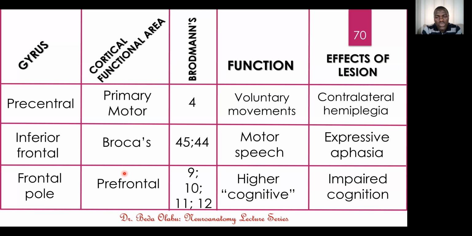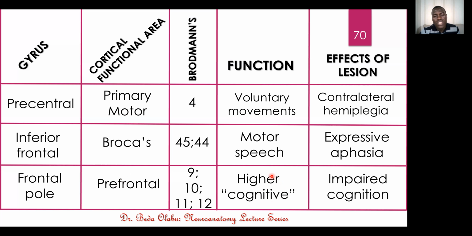Maybe one thing to note in these three regions you've talked about, the cognitive area is housed in both hemispheres. The right hemisphere has cognitive functions, the left hemisphere has cognitive functions.